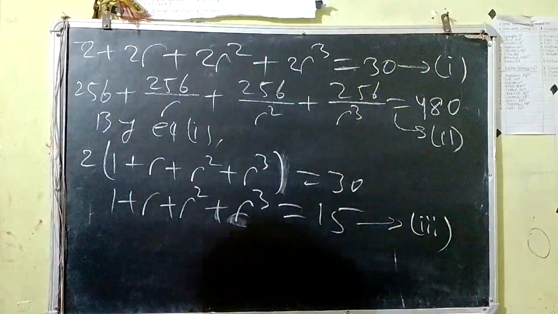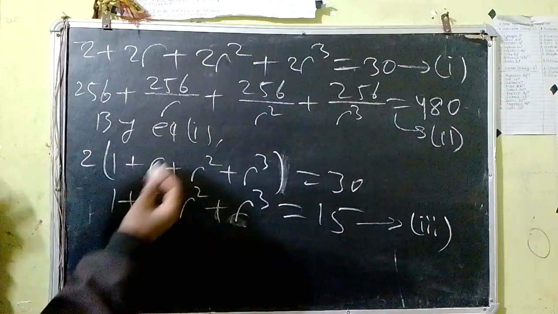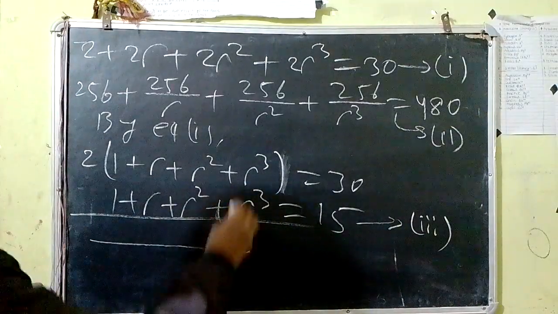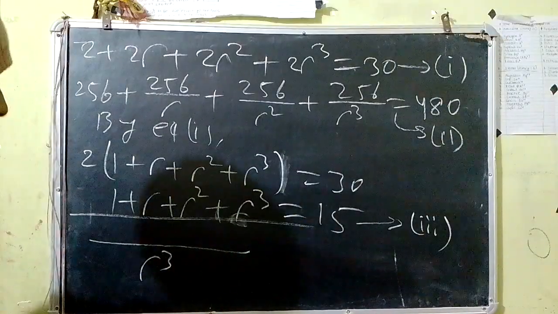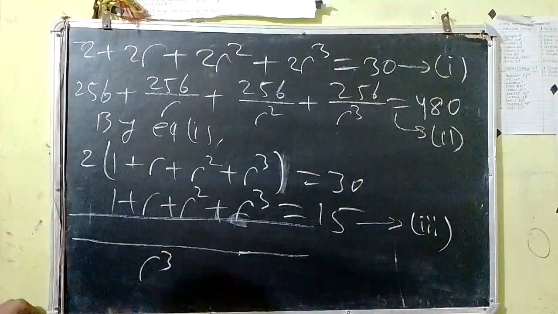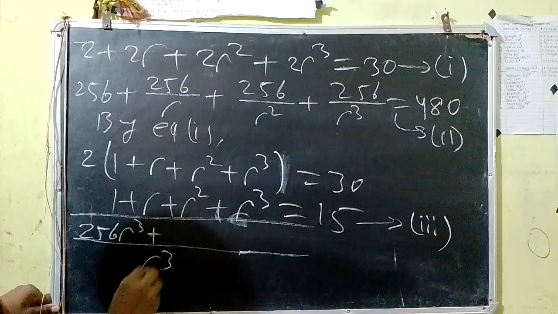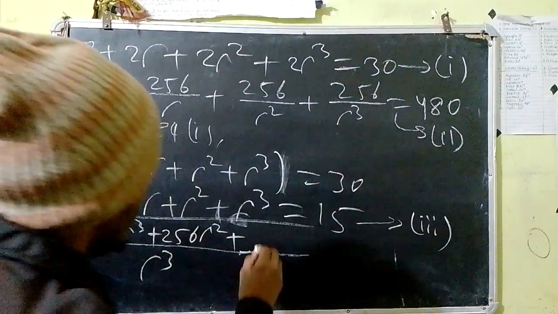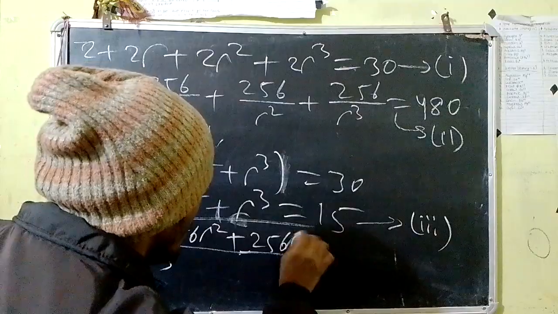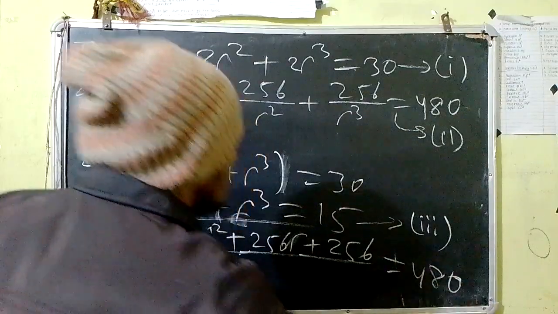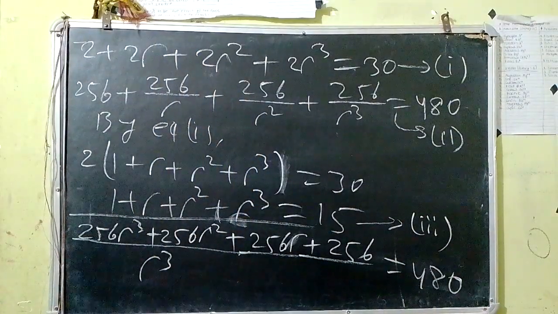Now let's solve for equation 2. At the bottom I can take r cubed as the LCM, so this will be 256 r cubed plus 256 r squared plus 256 r plus 256 over r cubed, equal to 480.